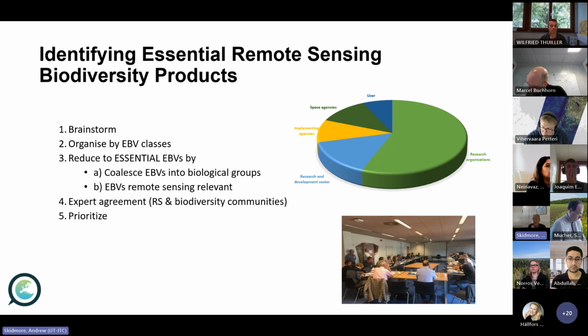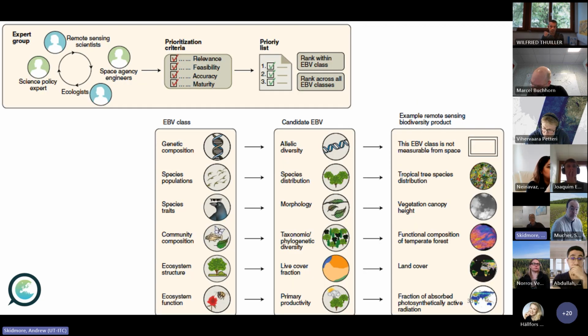And then we tried to come up with a method to prioritize. And it went something like this: we had this expert group and there were prioritization criteria, and these are based very much on the essential climate variables. And then using that, we came up with a method to prioritize the ranking within each EBV class and the ranking across all classes.